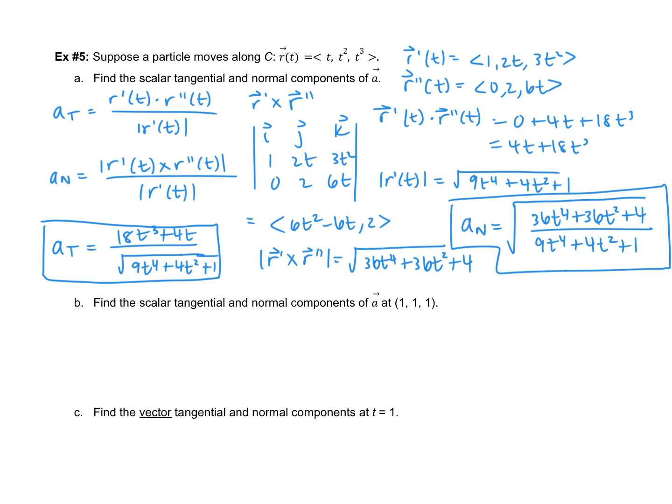Okay, so now we're going to find the scalar tangential and normal components at the point 1, 1, 1. So if we consider this point 1, 1, 1 and look back at r, we notice that this point happens when t is 1.